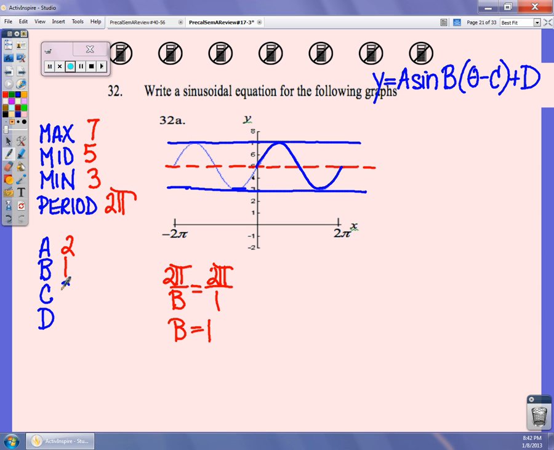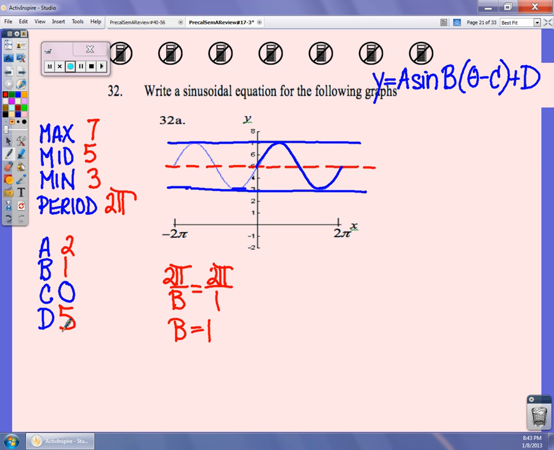So there's no shift there at all. Now the vertical shift: we know that these graphs without any shift are centered on the line 0. Notice that this one is shifted wherever its new midline is. In this case, the new midline is at 5.